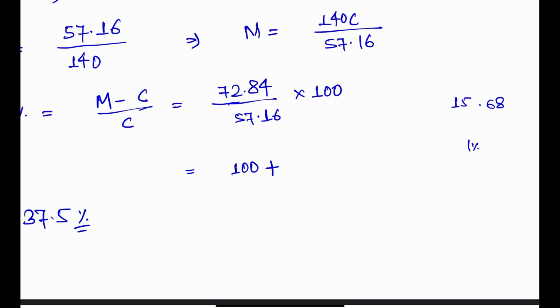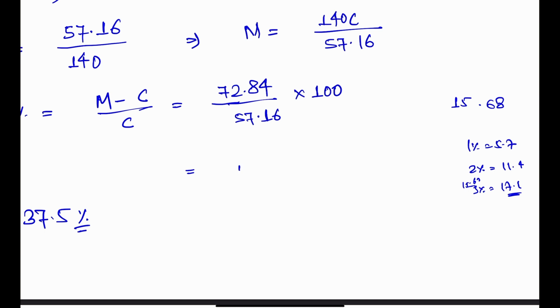So 1% is 5.7. So 2% will be 11.4, and 3% will be 17.1, and we want 15.68, so it will be something like 2.8.